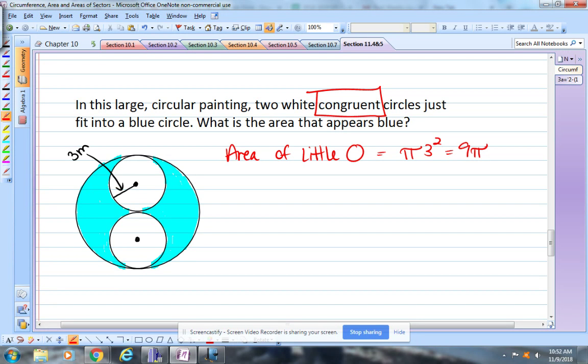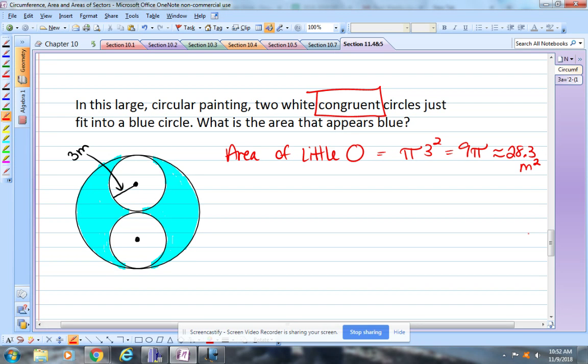What is 9 times pi approximately? Put 9 pi in your calculator. Approximately 28.3 square meters. Y'all with me? Is that the area of both little circles or just one little circle? That's one little circle.